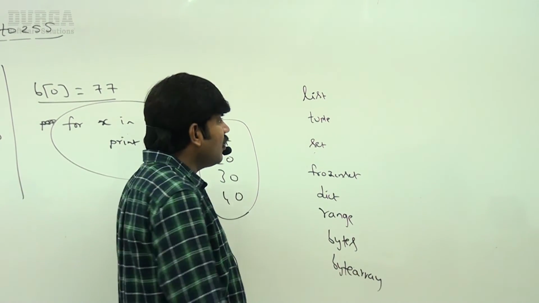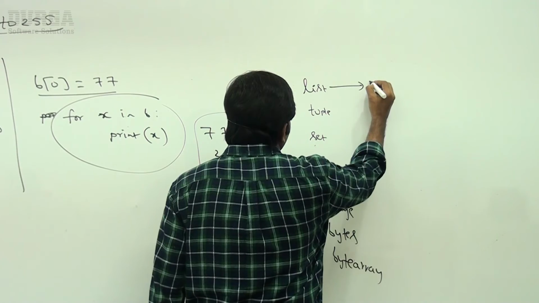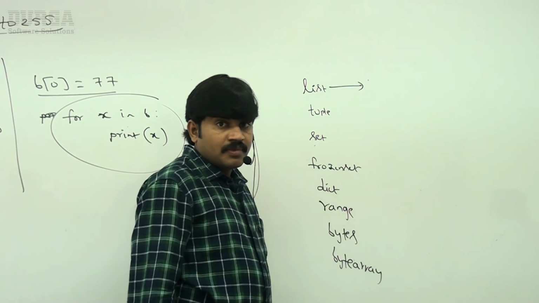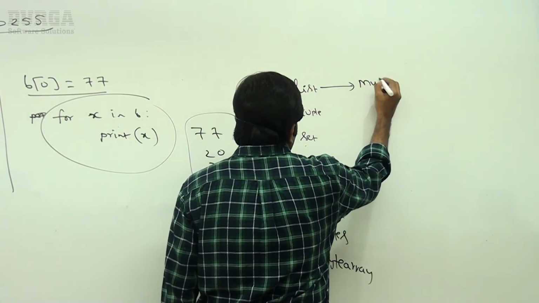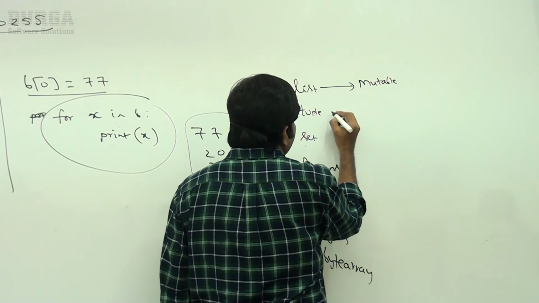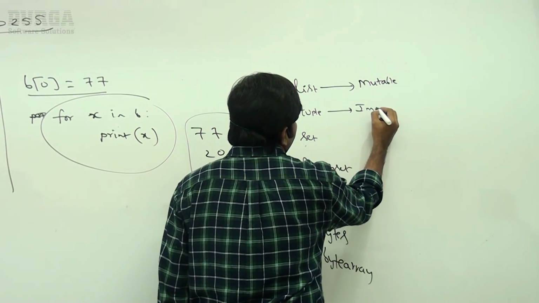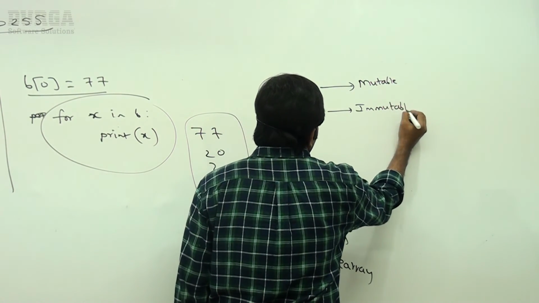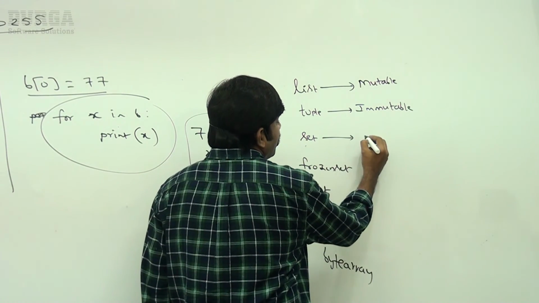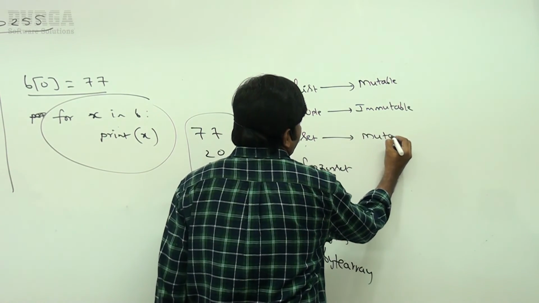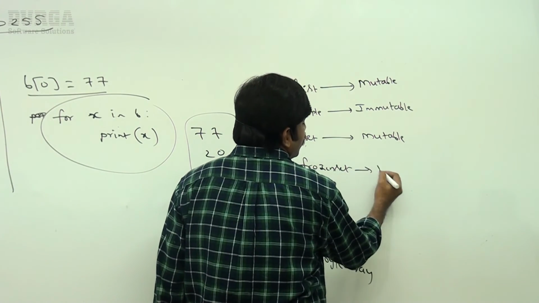Now, list is mutable or immutable? List is mutable, changeable. Tuple is immutable. Next, set. Can you please tell, mutable or not? Yes, mutable.